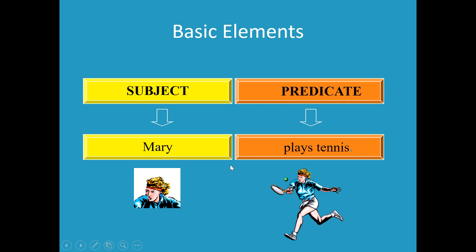Right, so here is a short, simple example. Mary, it's the subject. As we talked about yesterday, the subject is always the person or the thing which is doing the action in that sentence. And then predicate. Predicate here means the verb, the action verb or action verb phrase. All right.